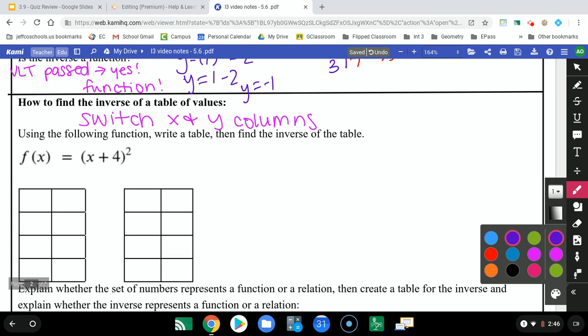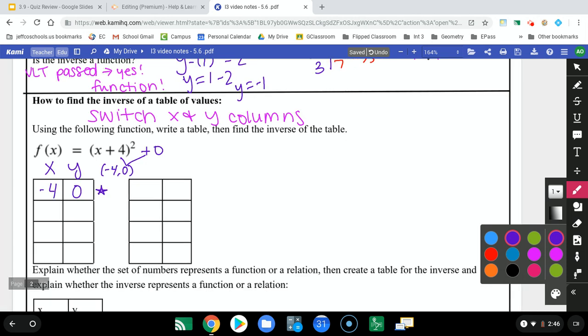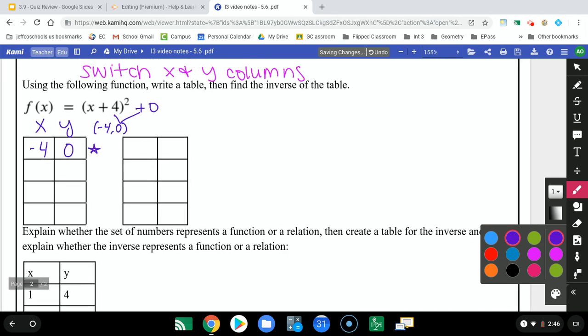So remember when we were writing our table, so here's x, y, and we know that really we're just adding 0 onto here because there's no vertical shift. Our vertex is -4, 0. You always start with your vertex, and then you go up by 1 on your x's, so -3, -2, -1.